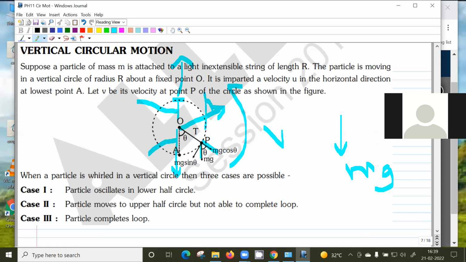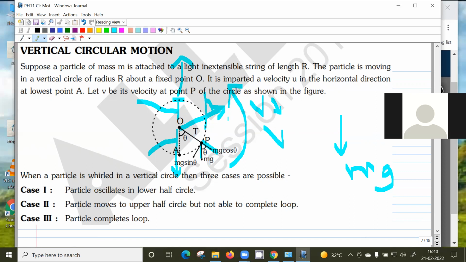As you go up, the speed will keep on decreasing. How do you understand that? Potential energy increases, so kinetic energy will decrease, because there's no other form of energy. So the tension here is mv square by r minus mg.